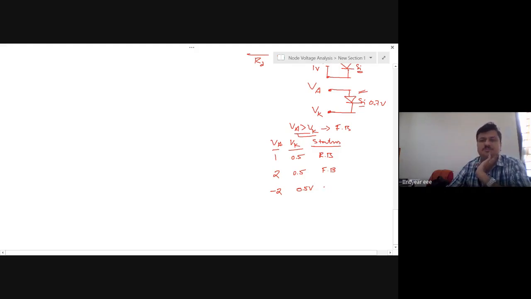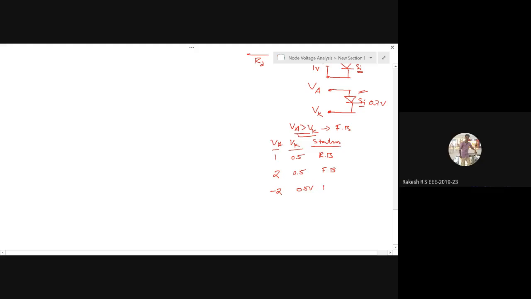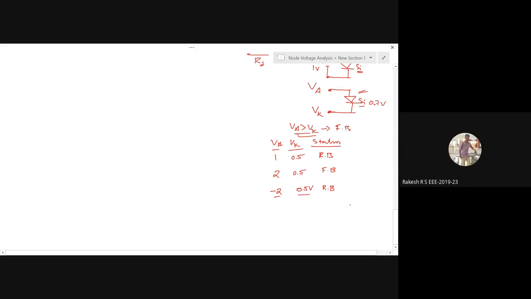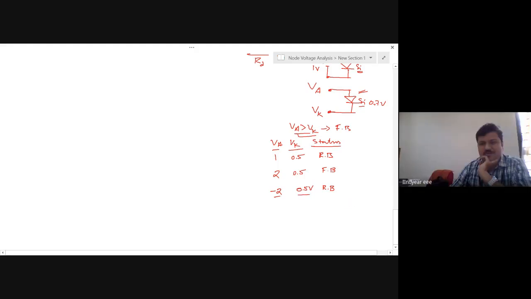Forward bias only, sir? How come? Anode is at negative voltage, cathode is positive. You are seeing only the magnitude. Why I am taking this example is that the diode example is the best example to understand potential difference and the higher potential point and lower potential point.